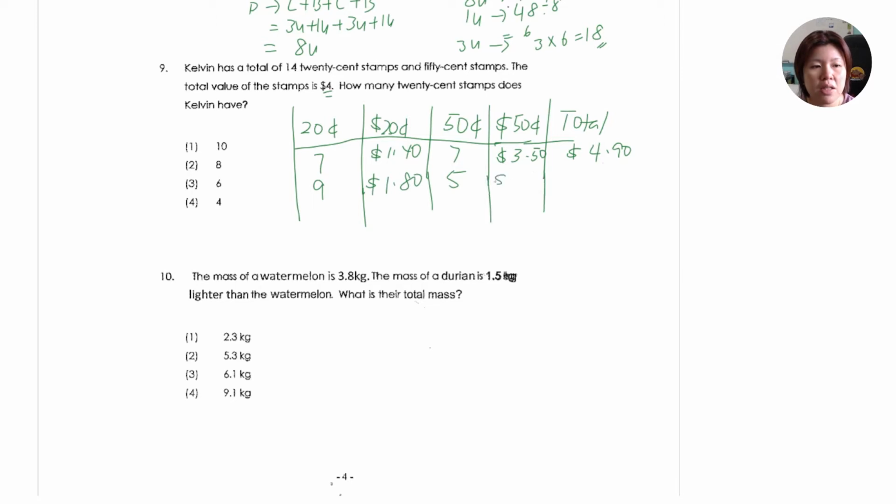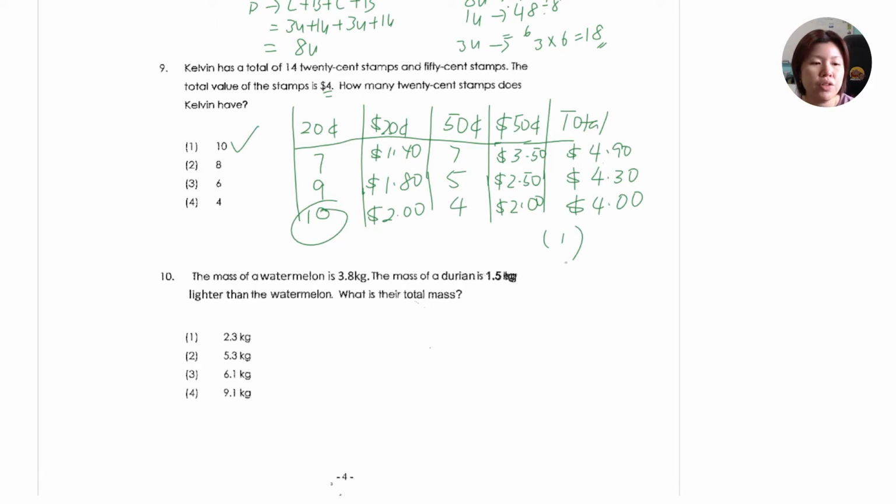My 50-cent is $2.50. Total value is $4.30. I'm near. So I think I reduce by 1. So this is 4 and this is 10. It's $2. $2. Let's go. It gave me $4. So how many 20-cent? 20-cent is here, 10.